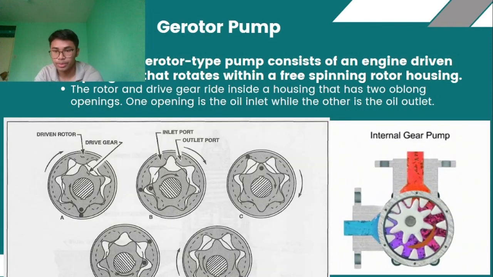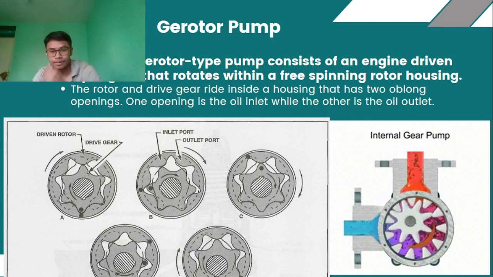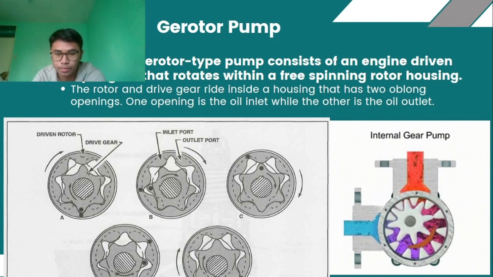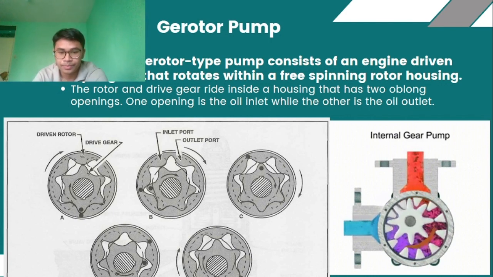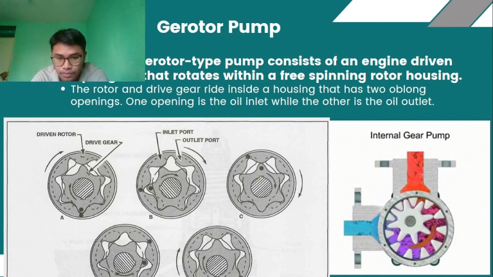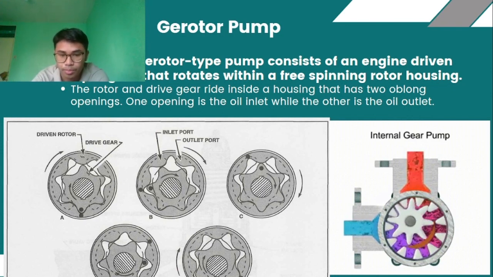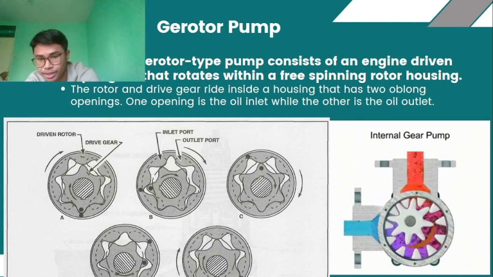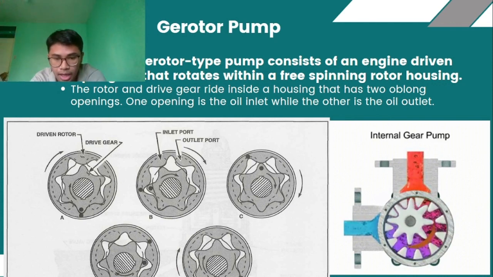Then, ito is the low pressure. Mas low viscosity fluids. The rotor pumps are often used in aircraft lubricating systems due to their compact size and quiet operation. So, ayun yung advantage niya, and ability to handle high pressure and viscosity fluids.